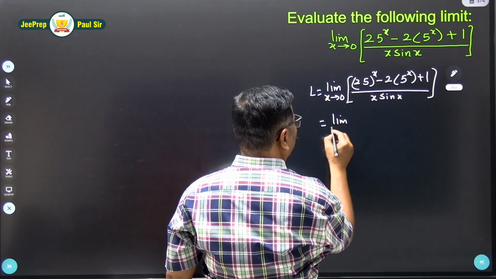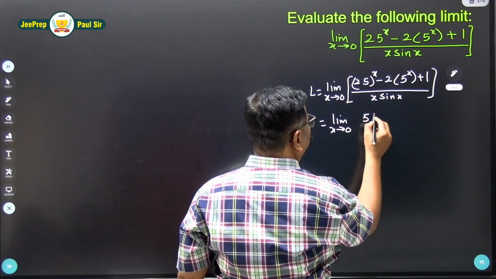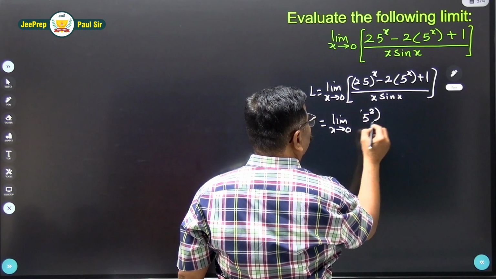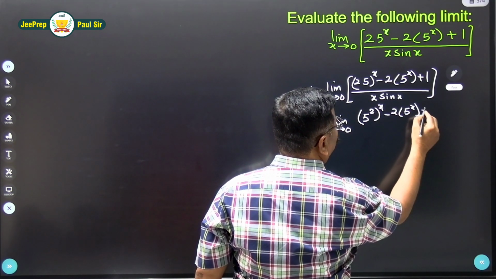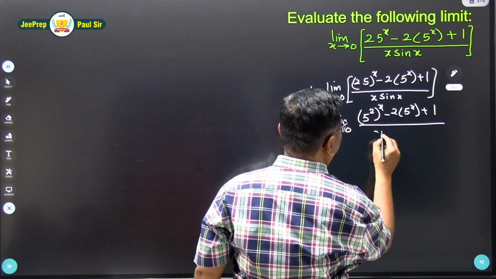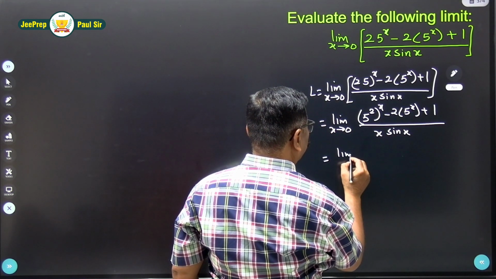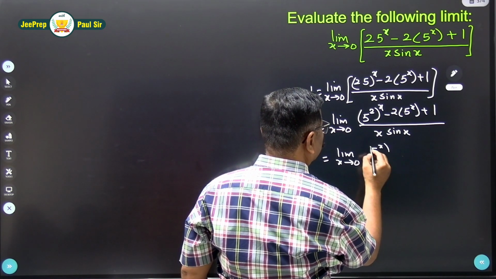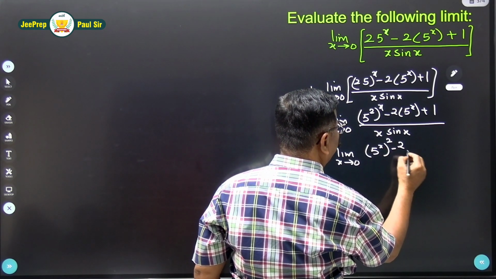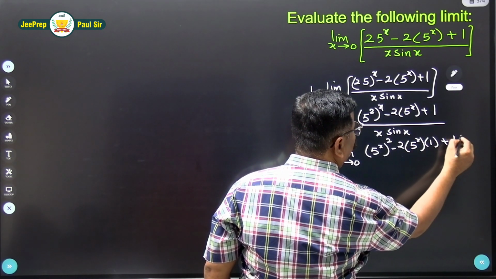So this I will write now, limit x tends to 0, 25 is 5 square, raised to x minus 2 into 5 raised to x plus 1 divided by x sin x, which I can write as limit x tends to 0, this is (5 raised to x) the whole square minus 2 into 5 raised to x into 1 plus 1 square.